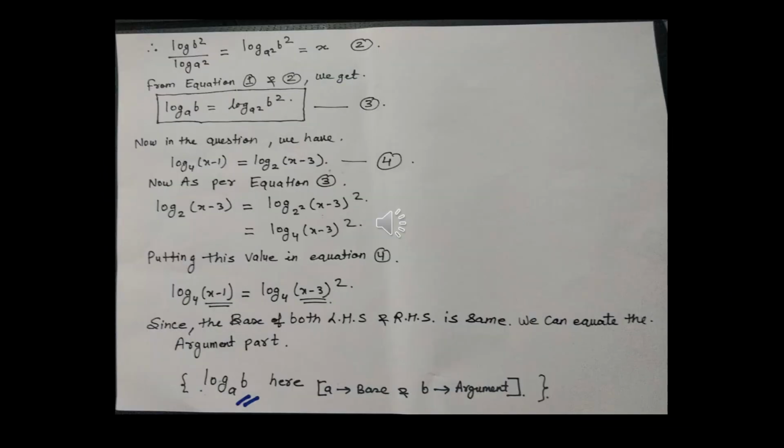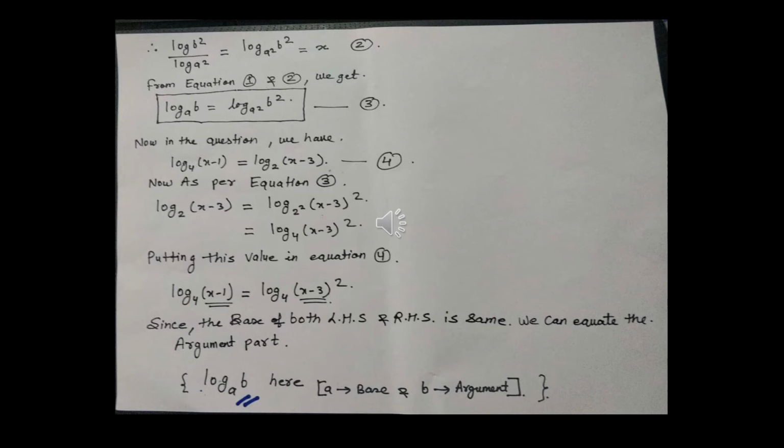Now, as per the previous deduction, we can write log of b square by log of a square as log of b square to the base of a square, which is equal to x. So from equation number 1 and equation number 2, we can write log of b to the base of a is always equal to log of b square to the base of a square.